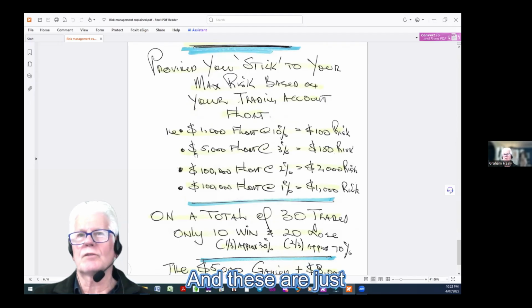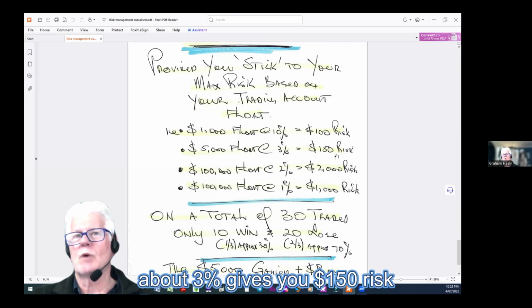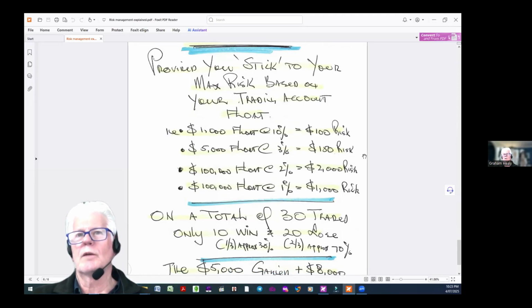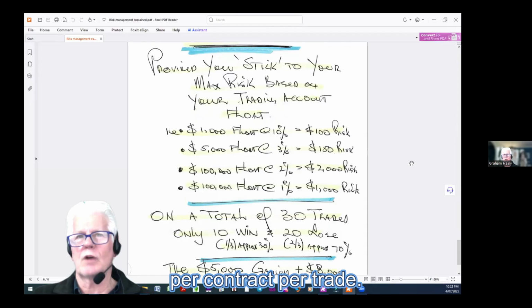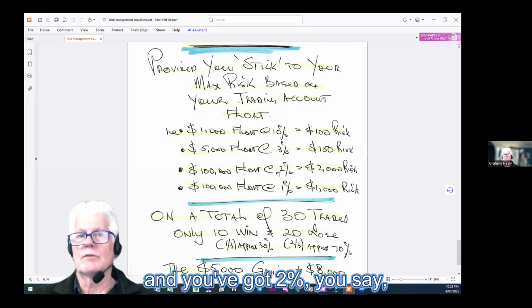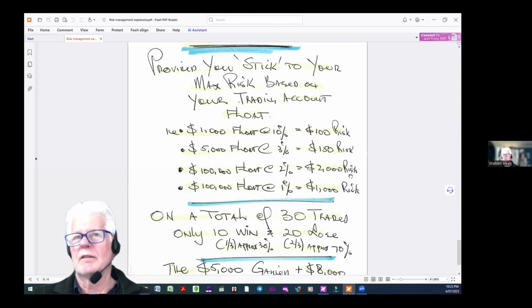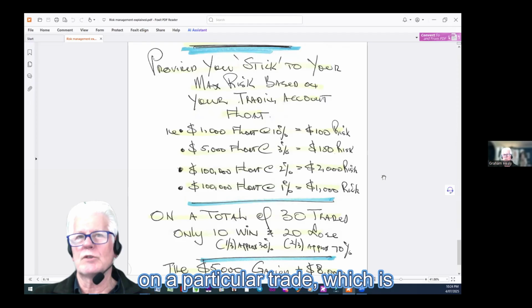And these are just estimates. $5,000 float at around about 3% gives you $150 risk per contract per trade. If you've got a $100,000 account and you've got 2%, it gives you $2,000 to play with on a particular trade.